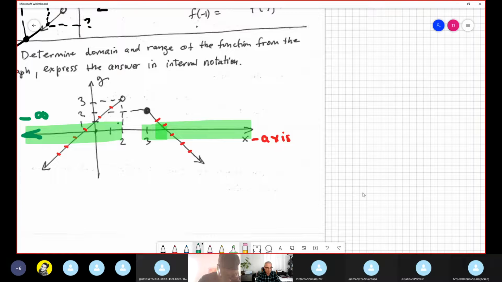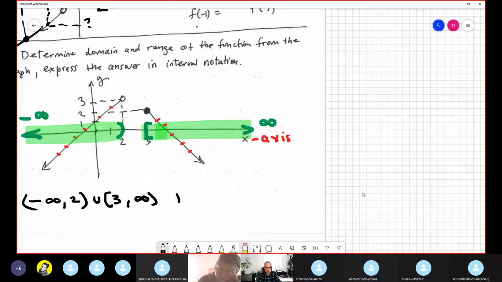And at 2, we have parentheses because it's not included, it's undefined. And 3 is a bracket. So what's the answer? The answer is our domain, but wait a second, and this continues forever to positive infinity. Our domain is from negative infinity, comma 2, parenthesis, union, bracket 3, comma infinity. This is our domain.